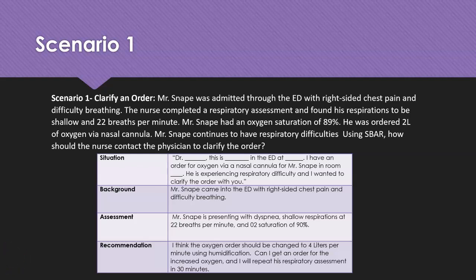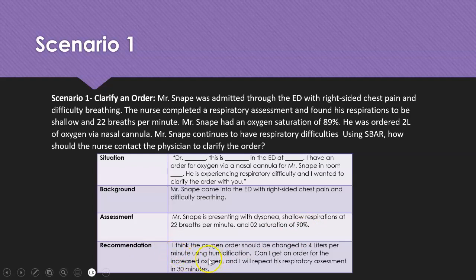Now, you're going to tell them that you had the 2 liters. Okay, you're going to give the background. Mr. Snape came into the ED with right-sided chest pain and difficulty breathing. Assessment: Mr. Snape is presenting with dyspnea, shallow respirations at 22 breaths per minute, and an O2 saturation of 90%.